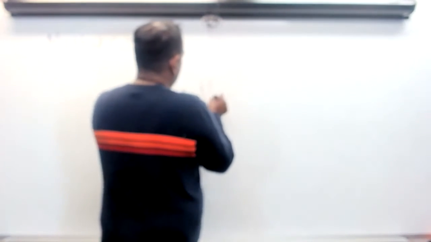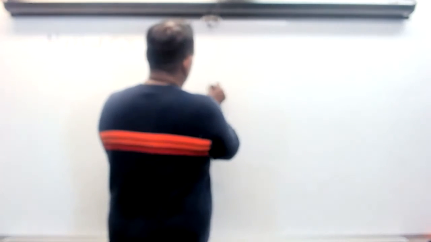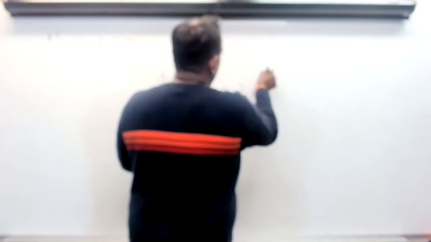Method 2, then we have dy over dt equals t + 2e^(t-9), no?